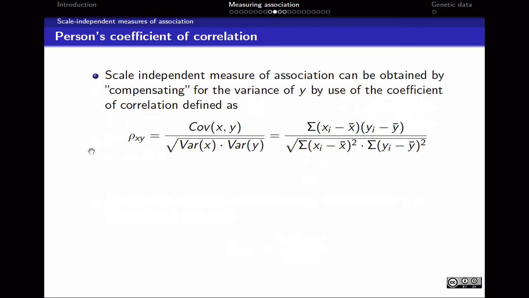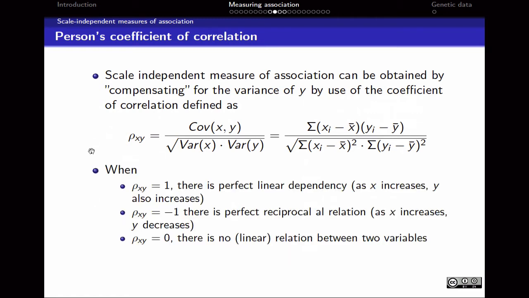And by using this idea, you can come to the coefficient of correlation, the Pearson coefficient of correlation, which is defined as the covariance between x and y divided by the square root of the product of variances of x and y. So the correlation coefficient is constrained between -1 and 1, and when this coefficient is 1, there is a perfect linear dependency.